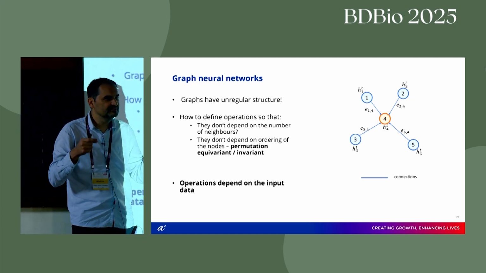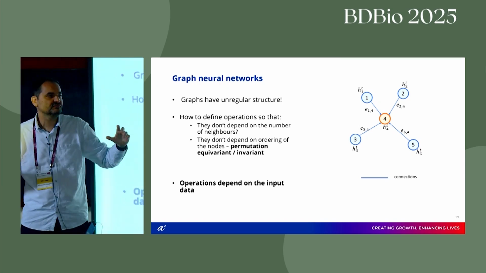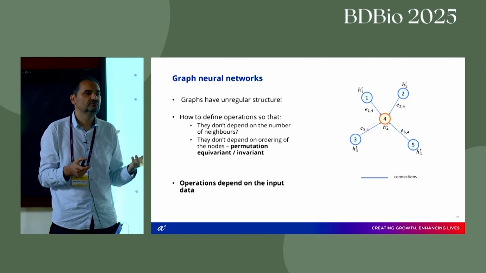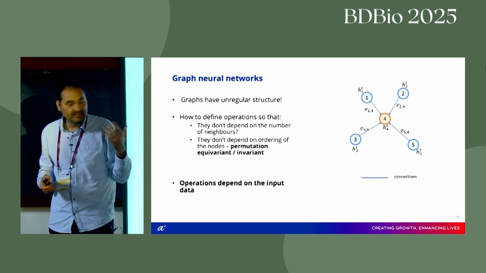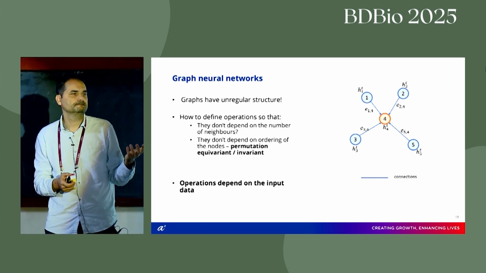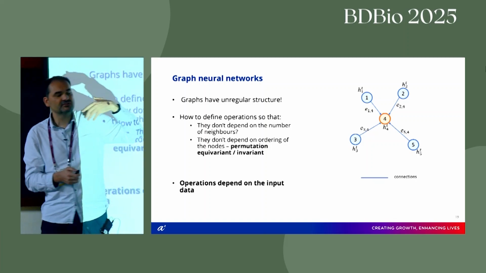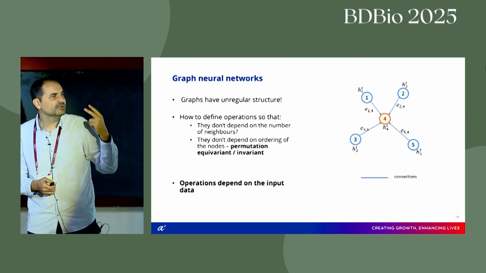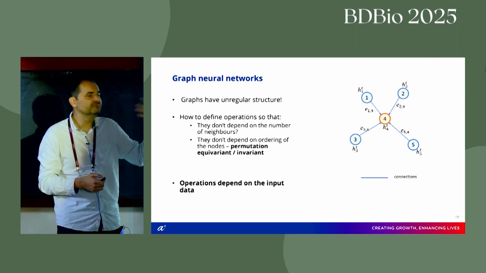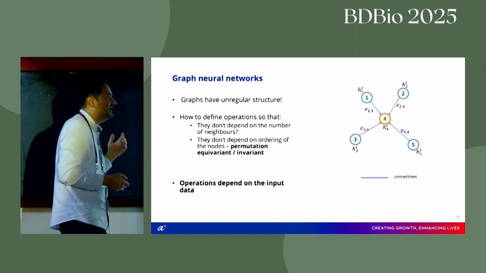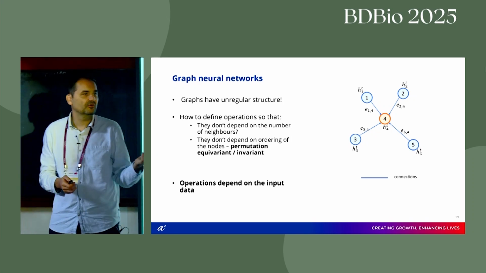And you want to learn something about your local structure, or maybe the whole graph structure. But how can you learn if you don't know how many neighbors you will have, and you don't know the order of these neighbors? So this kind of algorithm should require two things. First, it should be invariant to any kind of permutation, and you can have any number of nodes.